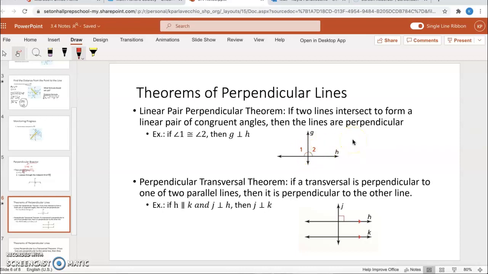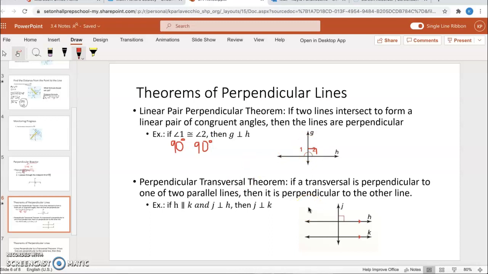So because those arches are the same value, a linear pair can only have the same measure if both of those angles are 90 degrees. So that is why when two lines intersect each other and the linear pair is congruent, they both are 90 degrees. So they are perpendicular lines to each other.